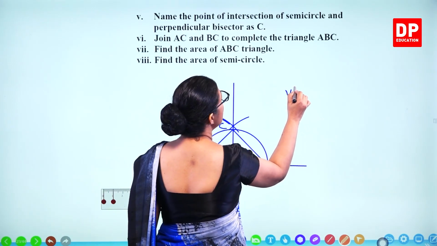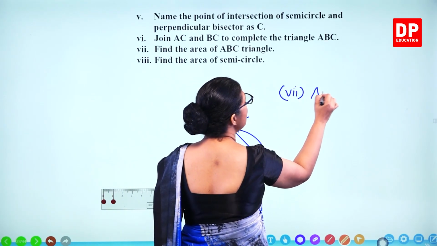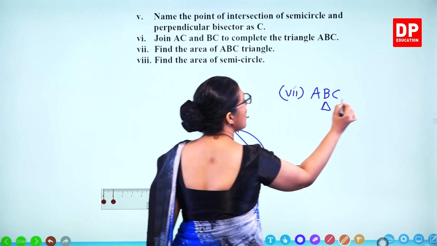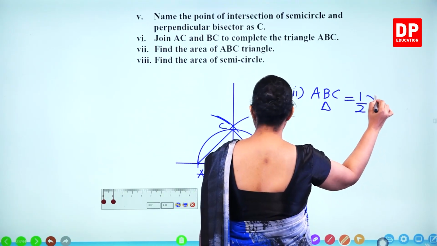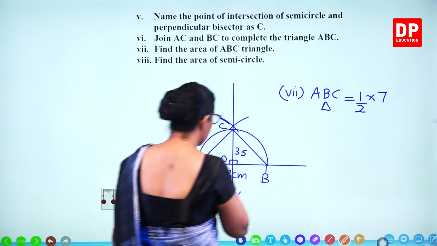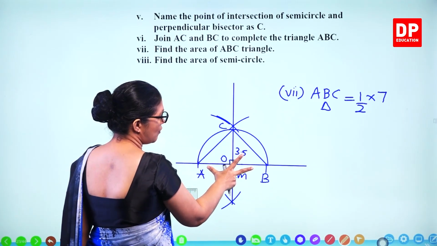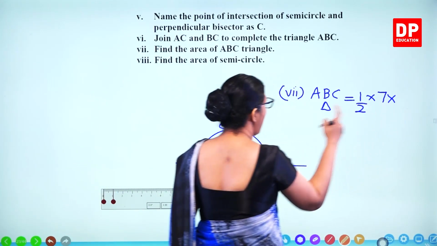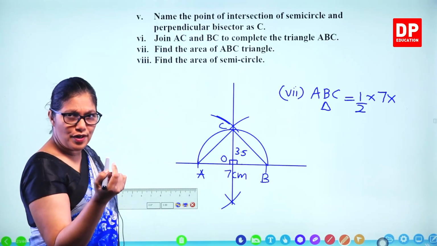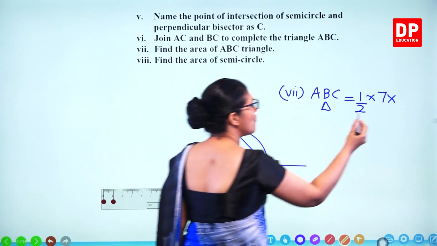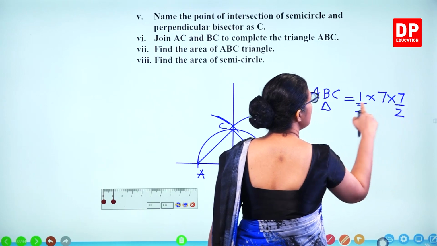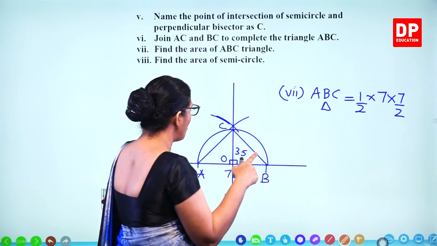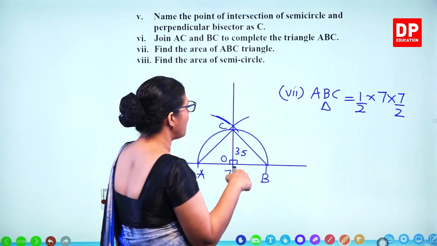Area of the triangle ABC is half times base times height. The base is 7, the full AB length. And for the perpendicular height 3.5, I'll write 7 over 2. That's easy: half into 7 over 2 into 7.